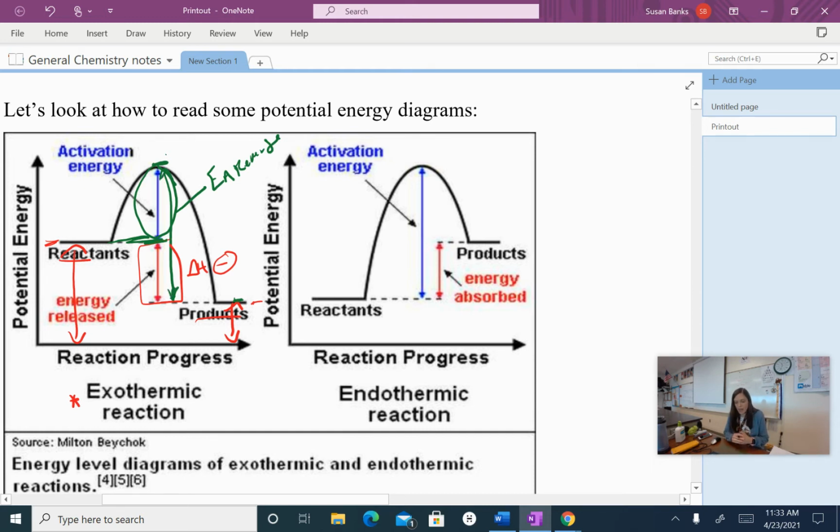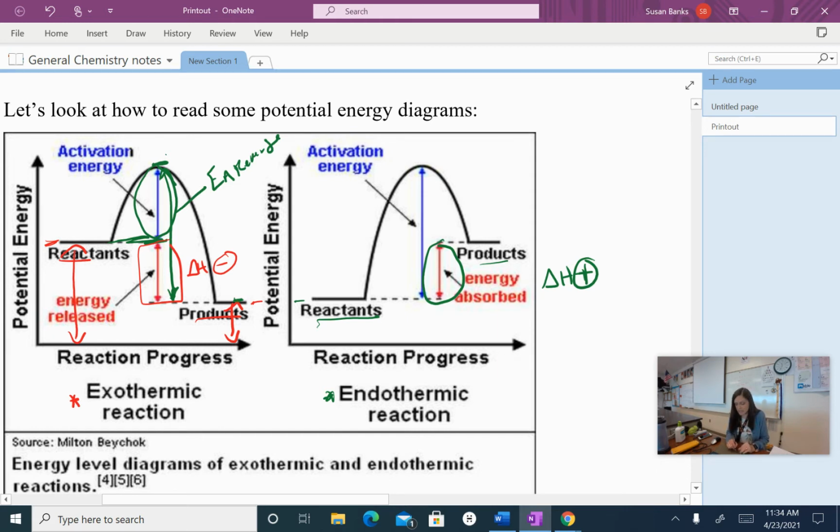Okay, and then let's look at our endothermic reaction. Here in our endothermic reaction, our reactants have less energy than our products. That means our delta H is positive. We have to put energy in there to make those products.